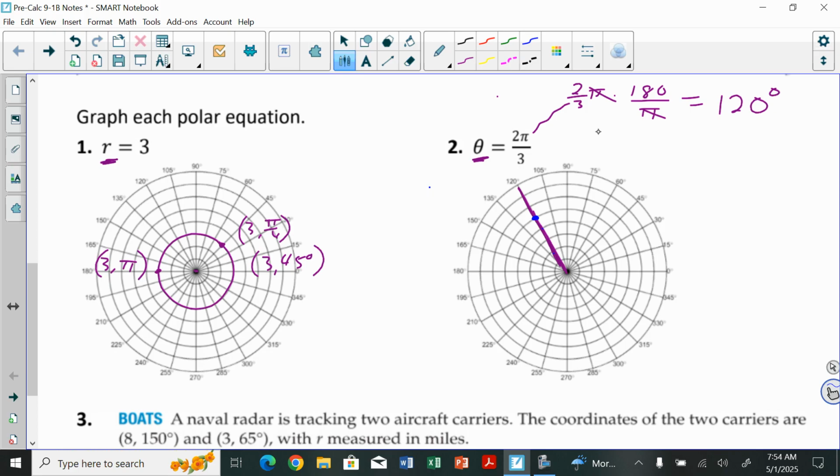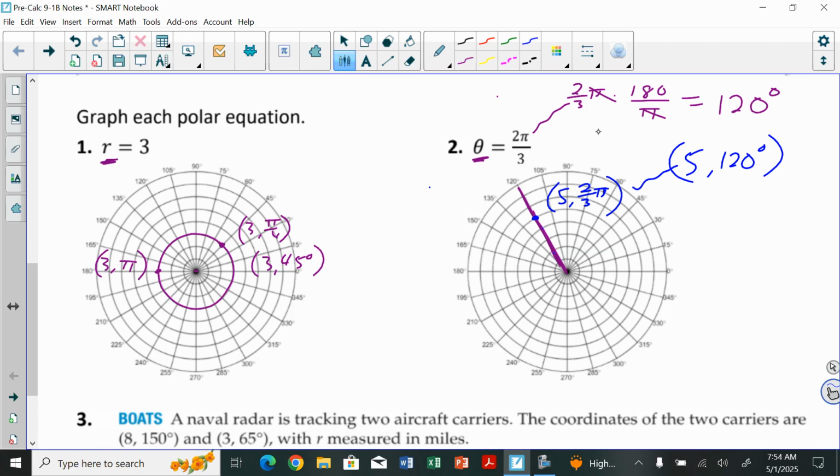That would be the point 5, comma, 2/3 pi, or 5, comma, 120 degrees. Depends what they want the answer in, right? If they don't say, then I'm guessing you put it in radians. All right, so that would be that one. So all the points along there.